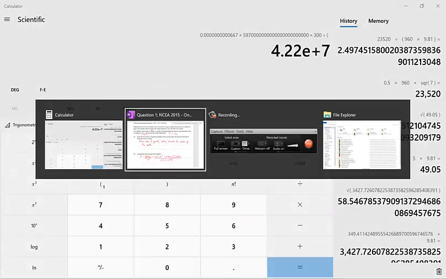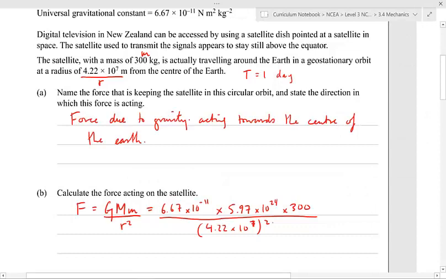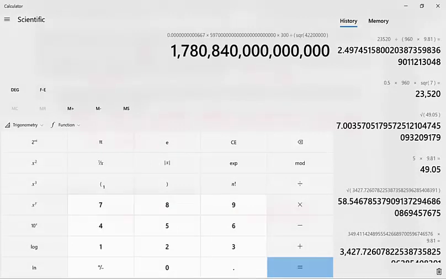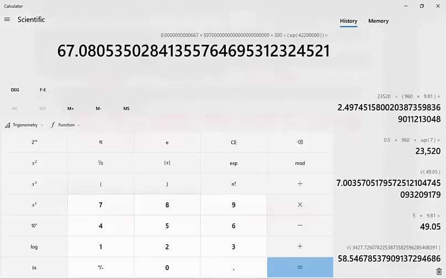Was that meters or kilometers? Let's have a look. Meters. And then we want to square that. And that is equal to 67 newtons.